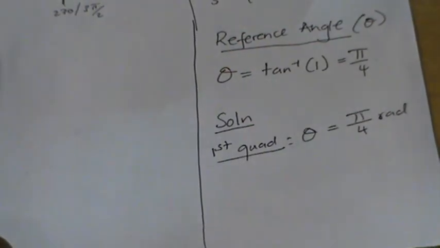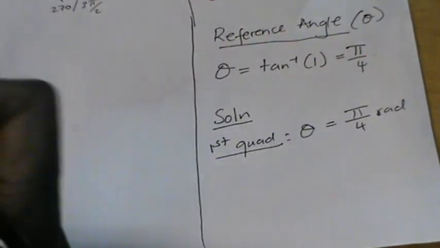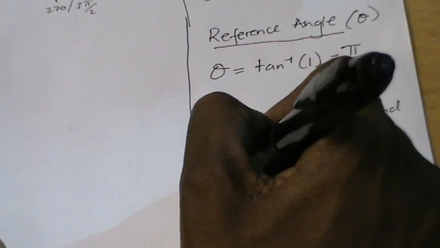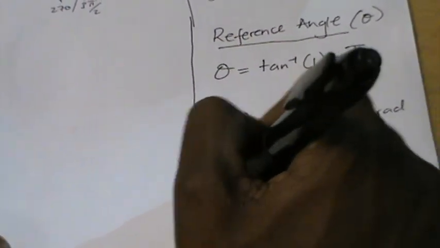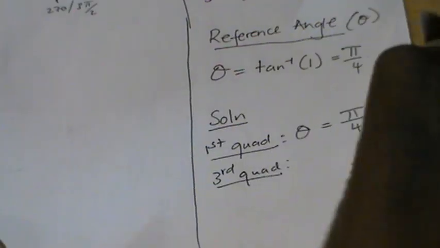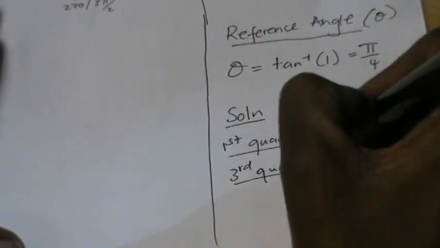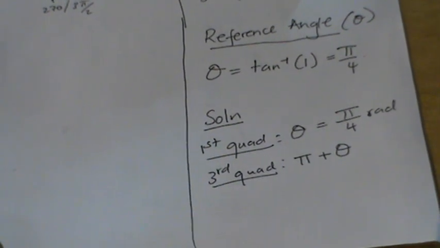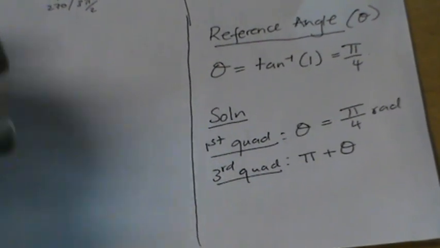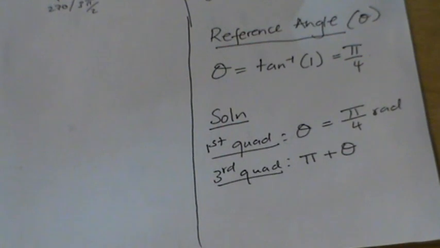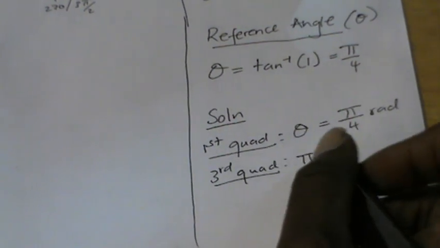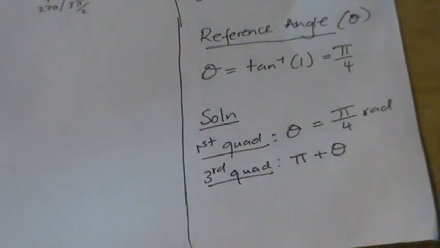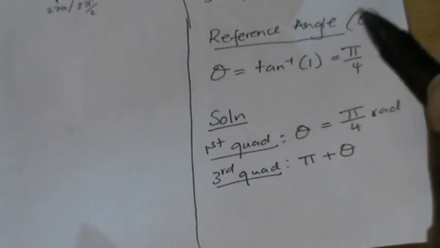And then the second solution, we worked it out over there. We said this is from the third quadrant. And in the third quadrant, we define the angle as pi plus theta. That is the definition, or how we rewrite an angle in the third quadrant in terms of a reference angle. So I know what pi is, I know what my theta is, it's pi over 4.